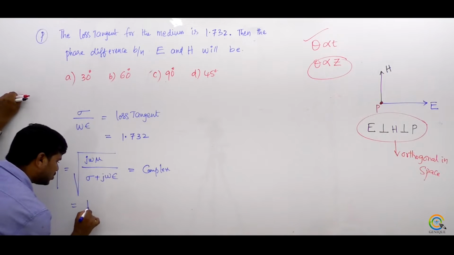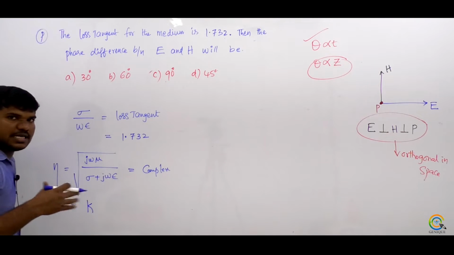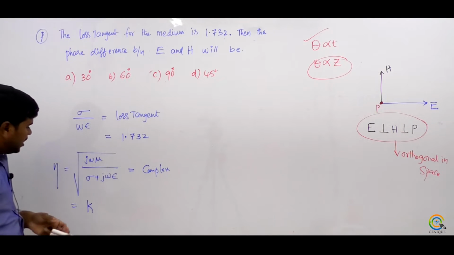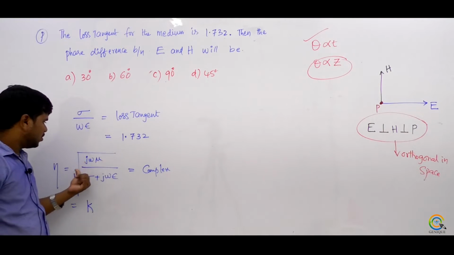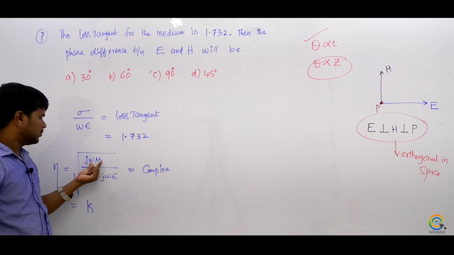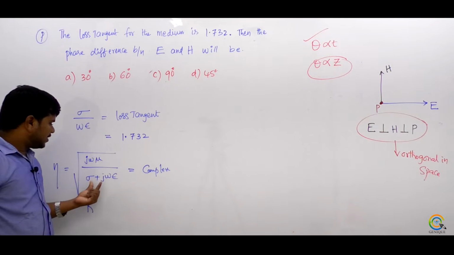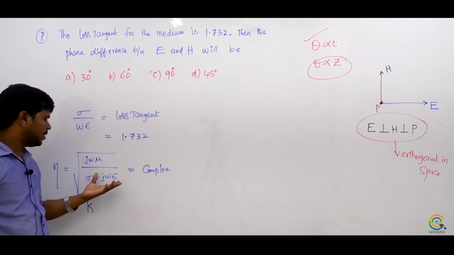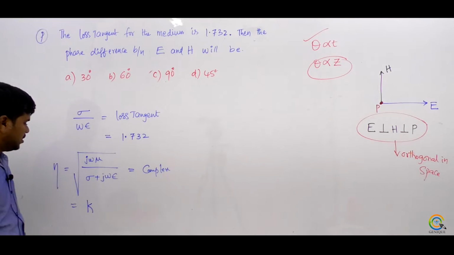So you get a numerator magnitude and a denominator magnitude. Here we are not concentrating on the magnitude.